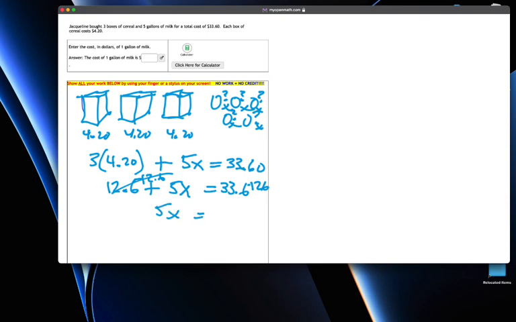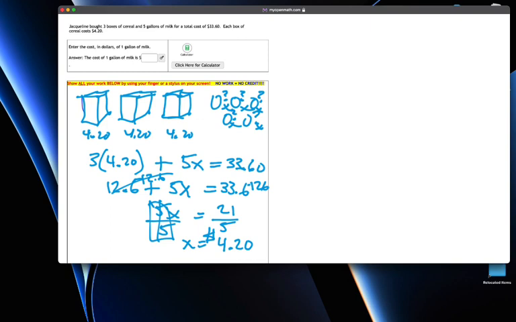We now have 5x equals 21. Divide both sides of your equation by 5, and we did that because we were trying to make 1 x right there. And so 21 divided by 5 is 4.2, so that means each gallon of milk will cost $4.20.